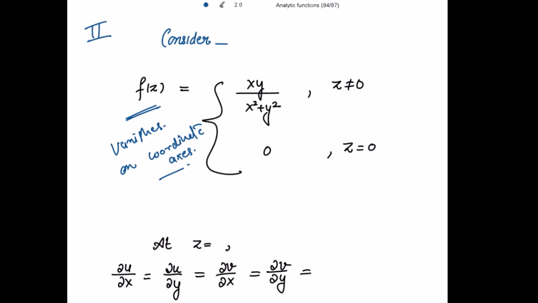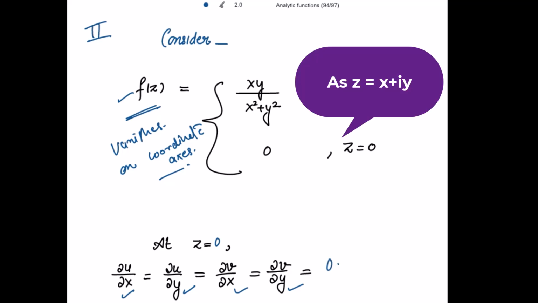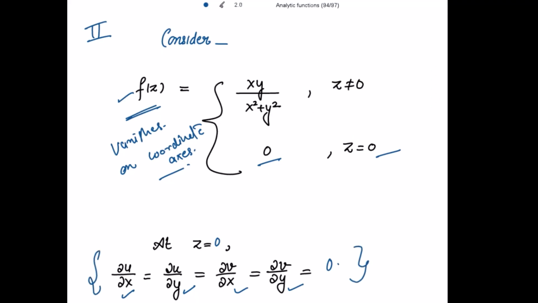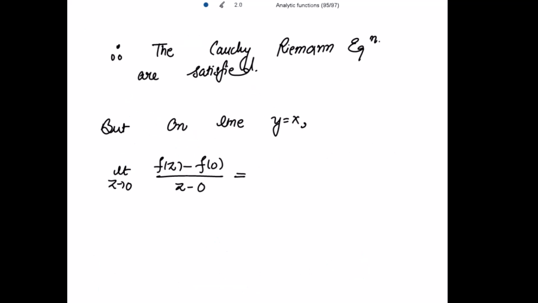So on the coordinate axes this function vanishes, and at z equal to 0, the partial derivatives of u with respect to x and y and of v with respect to x and y all are equal to 0. The function is 0 at z equal to 0. So we can say that Cauchy Riemann equations are satisfied. Yes, both sides are 0 for the Cauchy Riemann equations. Therefore Cauchy Riemann equations are satisfied.